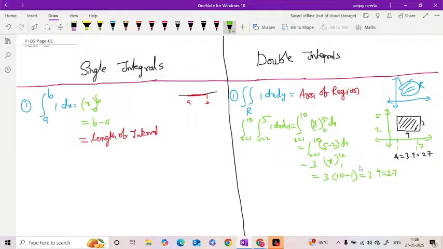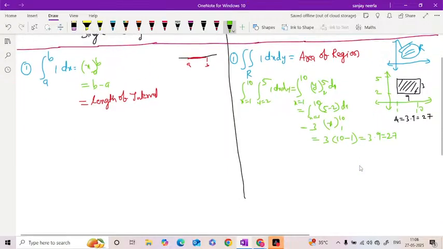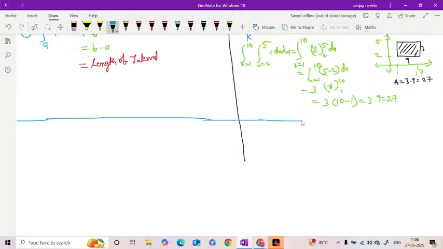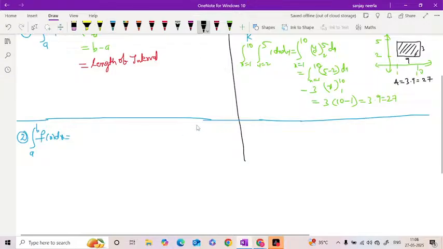Okay, next, the second point. Integral a to b, I am taking f of x into dx. F of x into dx.